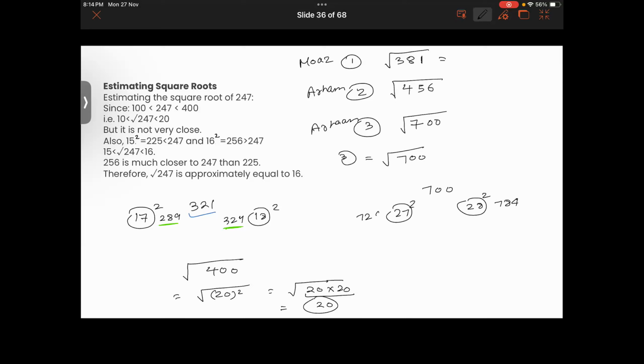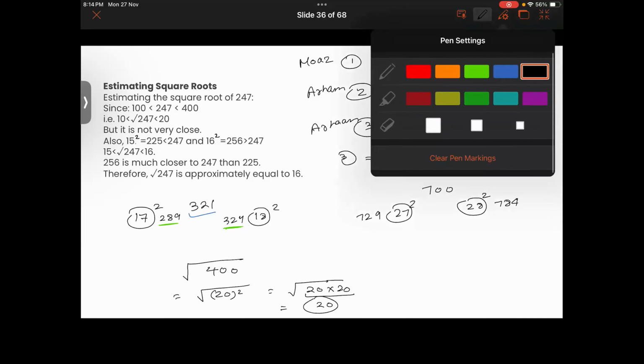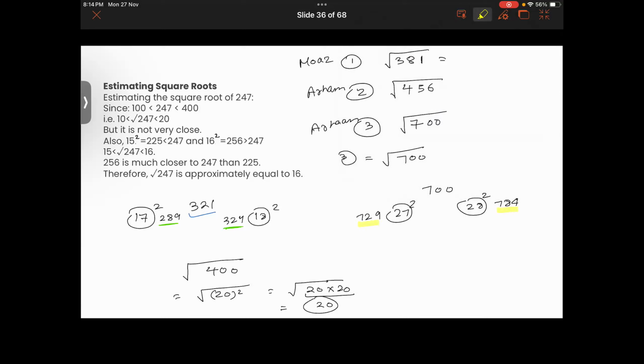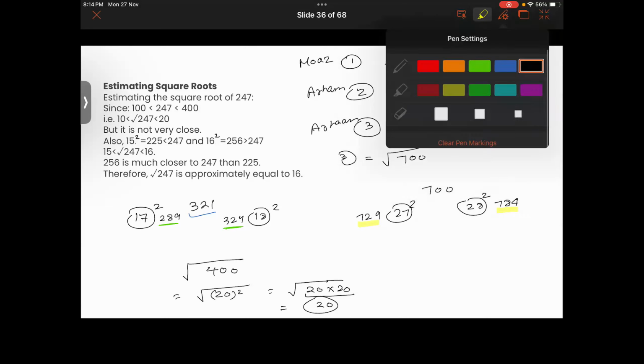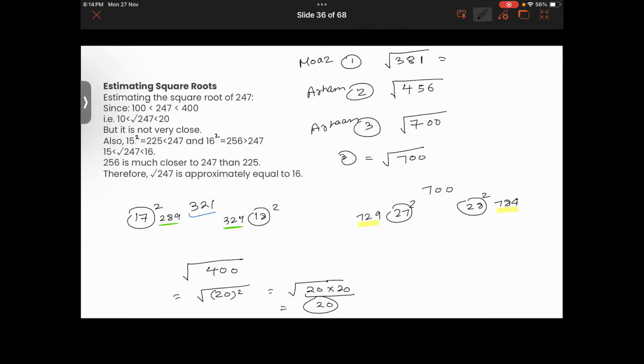Good. So out of the two, which one is more closer? 729, sir. The difference is only 29 here, while here the difference is more. So its approximate square root will be around 27.